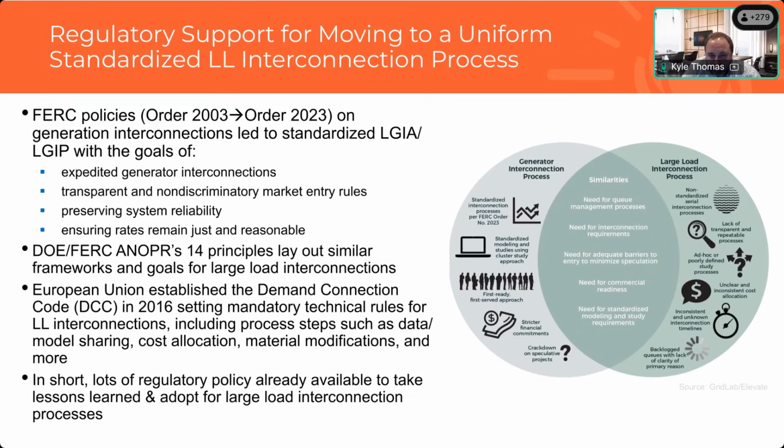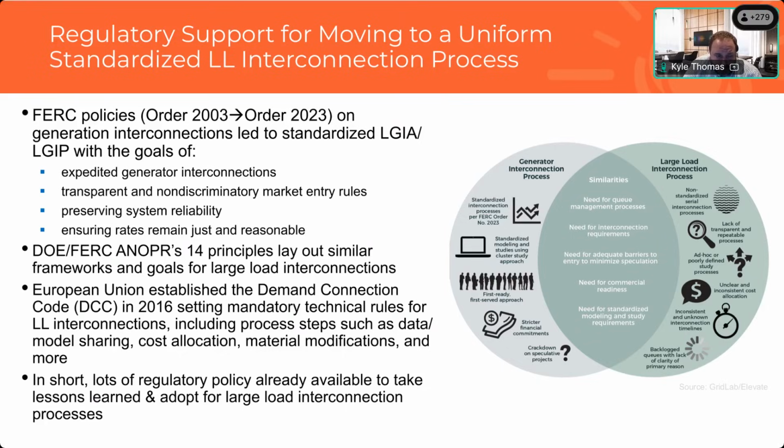Through that, we got standardized large generation interconnection agreements and large generation interconnection procedures. If you look back at those, the goals there are fundamentally very similar to what we're looking for today: expedited generation interconnections, transparent, non-discriminatory market entry rules, preserving system reliability, and ensuring rates remain just and reasonable. So those fundamental goals align with what we're all trying to get after for these large loads at the same time.